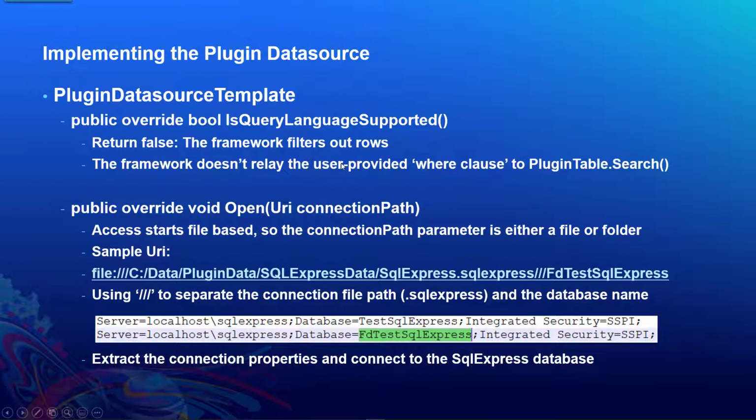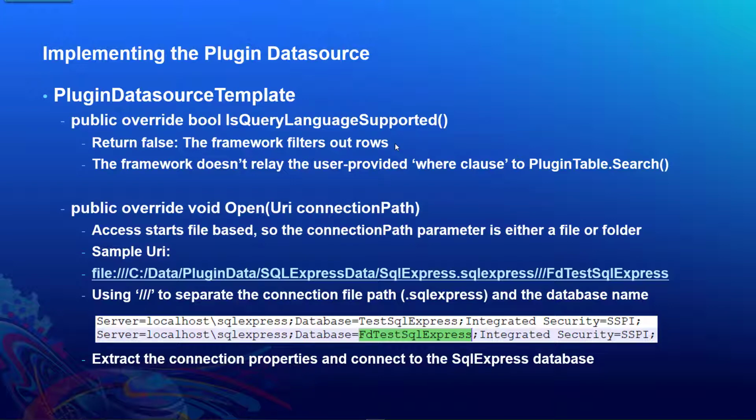So first I have to update the plugin data source template, the concrete implementation of that. And by default, the IsQuerySyntaxSupported method override returns a false. What this means is that the Pro framework will filter out all the rows.